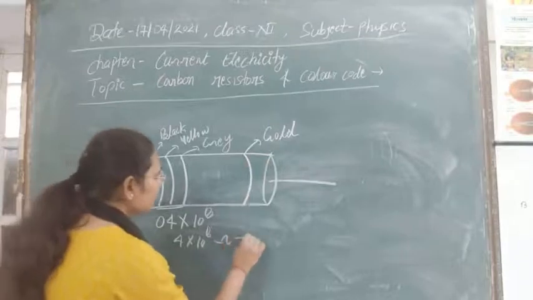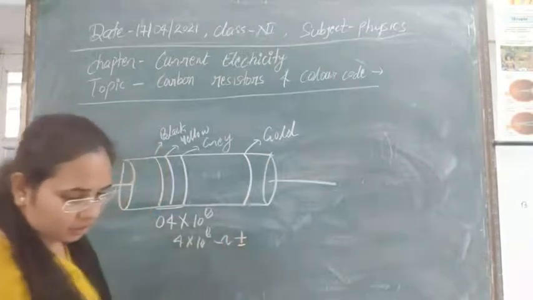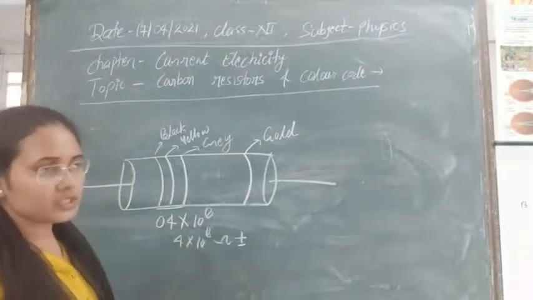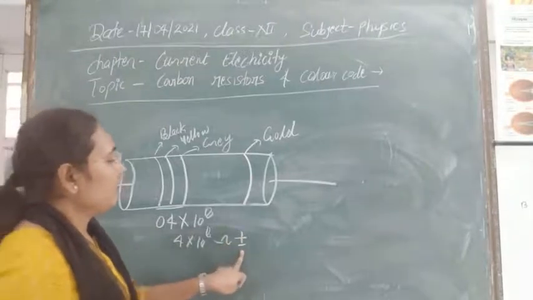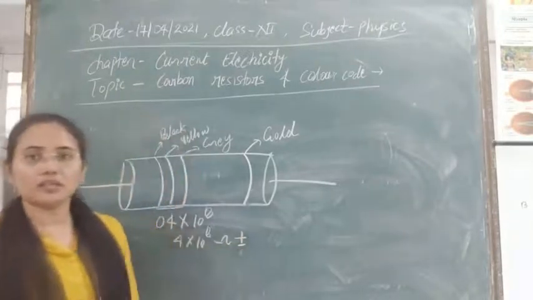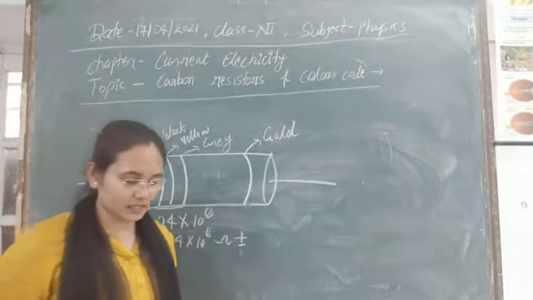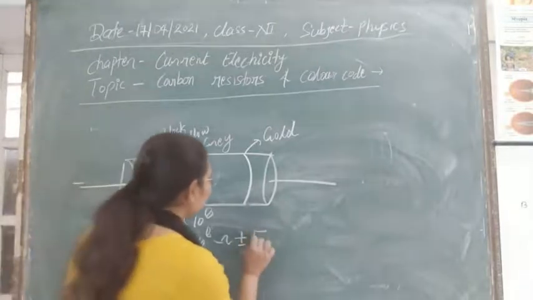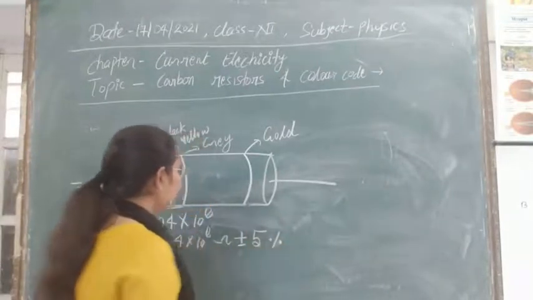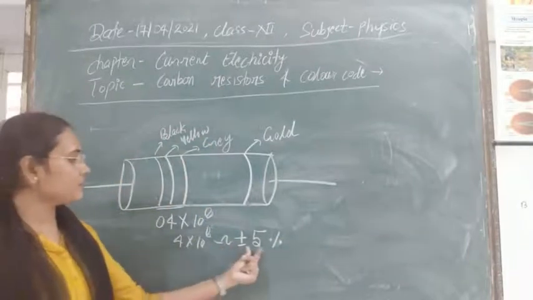And here if you add or subtract the tolerance, you will write plus minus. That actually shows the tolerance limit of the resistors. So for gold, as tolerance is 5%, we can write here 4 into 10 to the power 8 plus minus 5%.